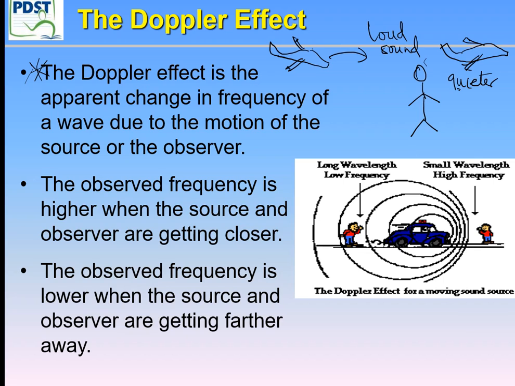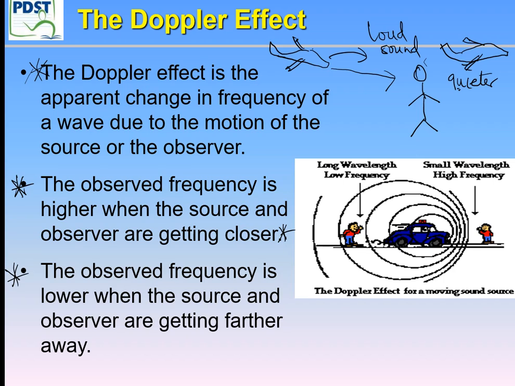As it is moving away from you, the frequency also changes. Now, the observed frequency is higher when the source and the observer are getting close. As this airplane is getting close to this person, the frequency of sound will increase, and therefore the person will hear the sound clearly or loudly.